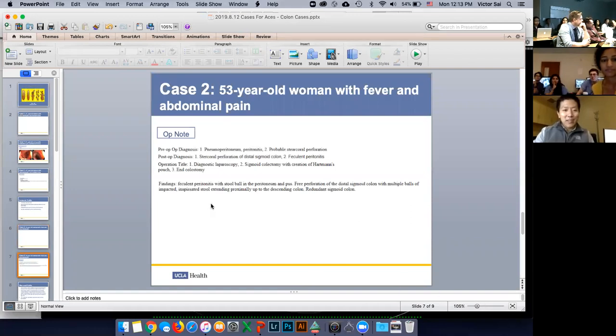So the pre-op diagnosis was pneumoperitoneum and peritonitis, but on surgery they found a stool ball in the peritoneum and pus, and so this is basically a stercoral perforation.